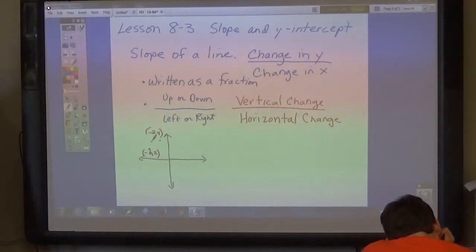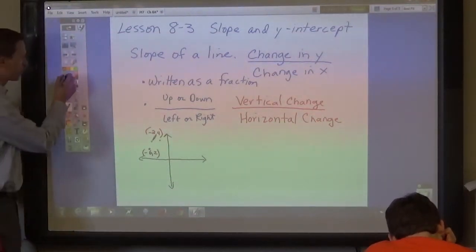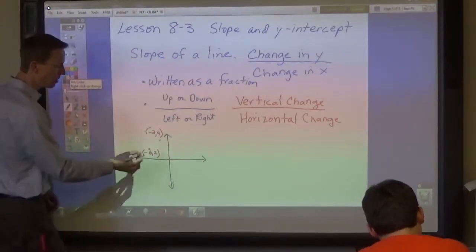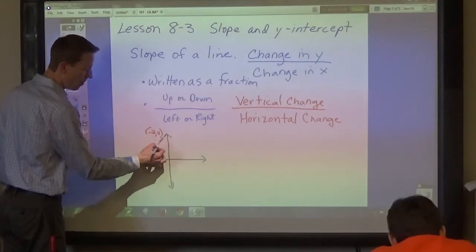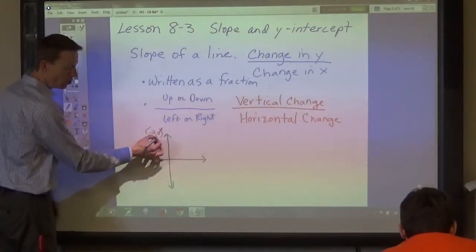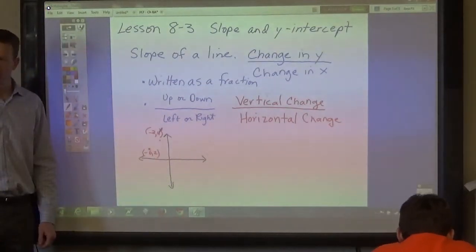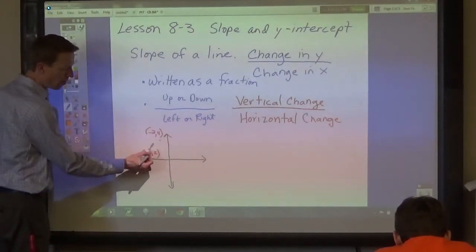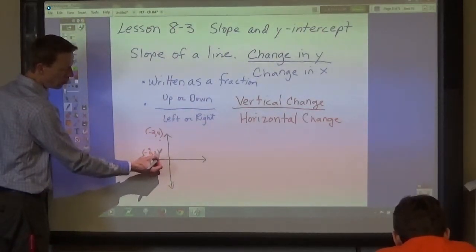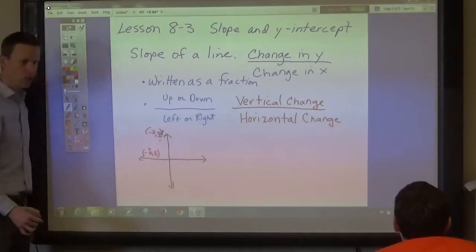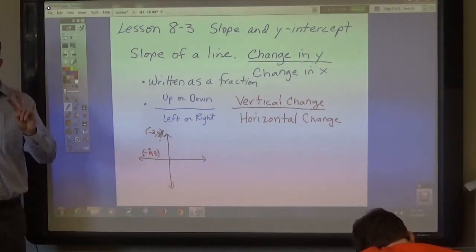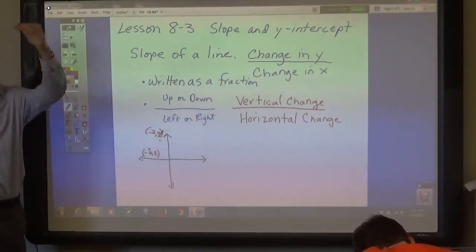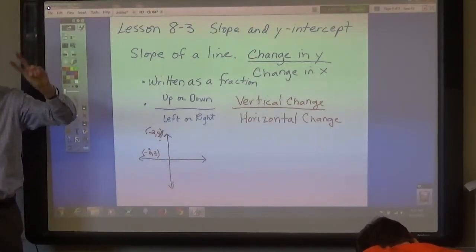From -6,2 to -2,4. How much did this line go up from 2 to 4? If you counted from the y-coordinate 2 to the y-coordinate 4, from 2 to 4 is a change of 2.